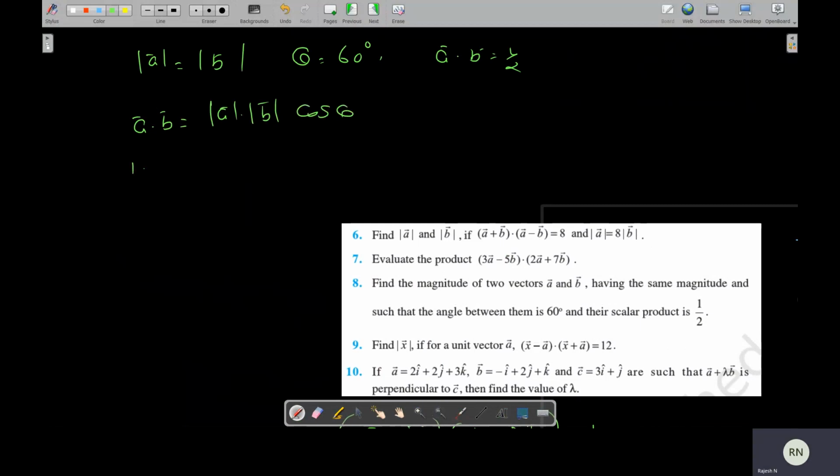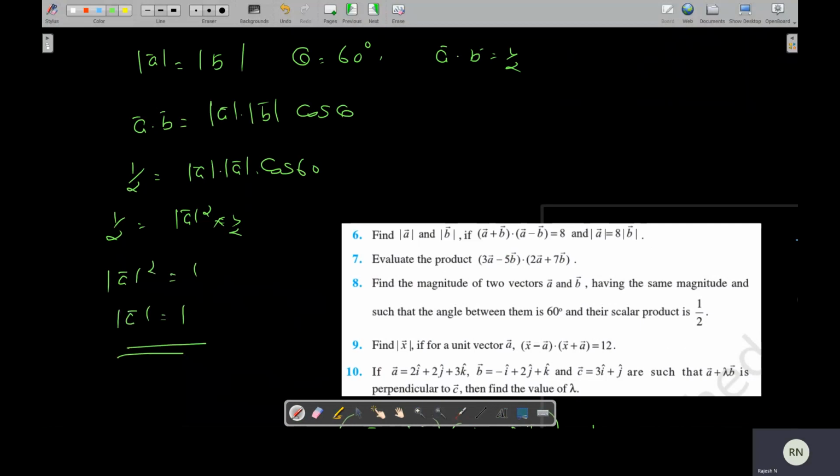So a bar dot b bar is 1/2, both moduli are equal, so modulus a bar squared into cos 60. Cos 60 is 1/2, so 1/2 is equal to modulus a bar squared into 1/2. So modulus a bar squared is equal to 1, so modulus a bar is equal to 1. If modulus a bar is equal to 1, modulus b bar is also 1.